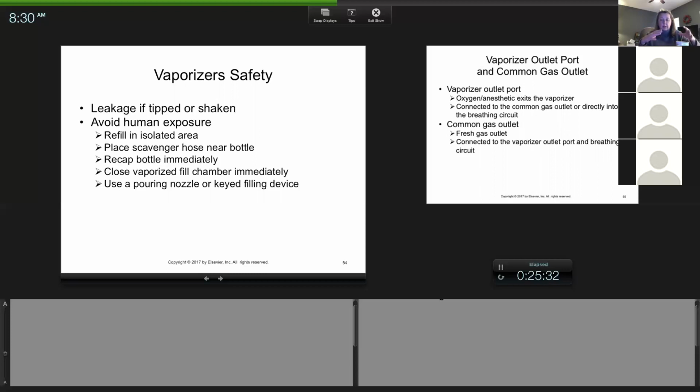So it's best if it spills to try and leave the room or try to air it out, maybe with a fan. The OR at school doesn't have a window. Some vet clinics in surgery, you literally have a window. Open the window, get air circulating, put a fan, things like that, just to make sure you're not standing over the spill.